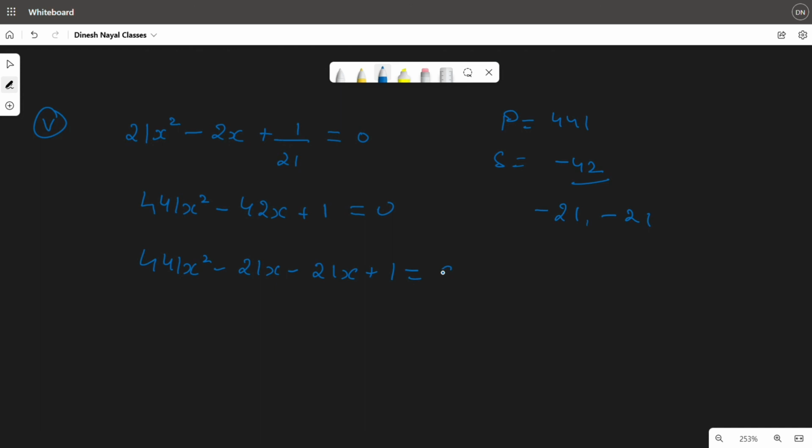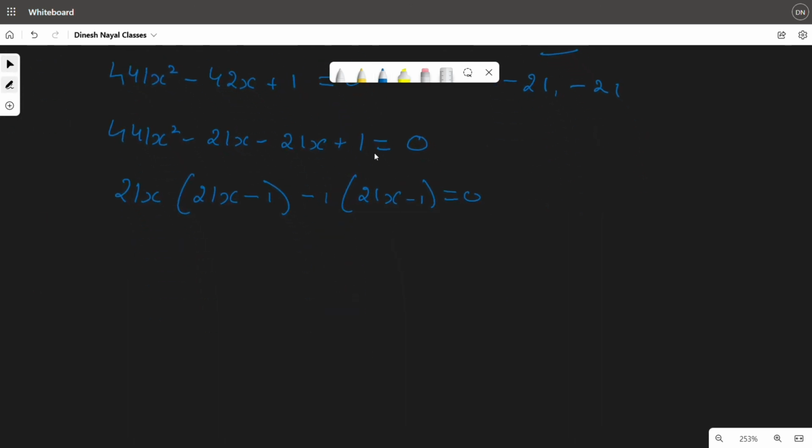Now taking 21x common from the first part, this will be 21x minus 1. Now taking minus 1 common, this will be 21x minus 1 equals 0. Now we can take 21x minus 1 common.